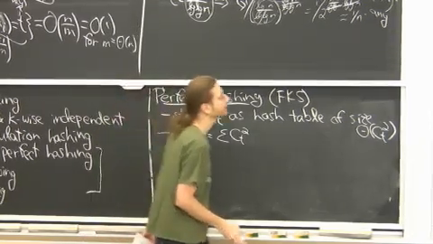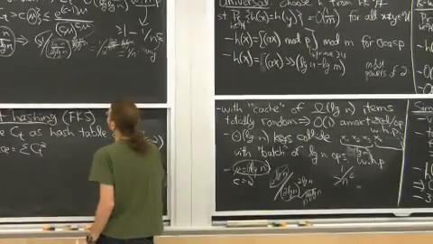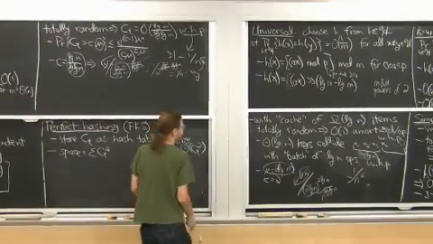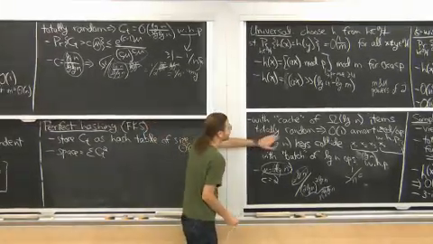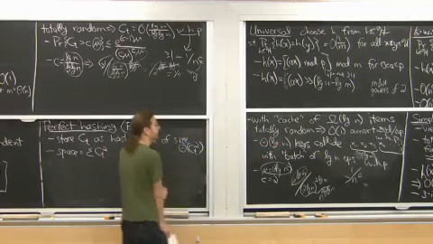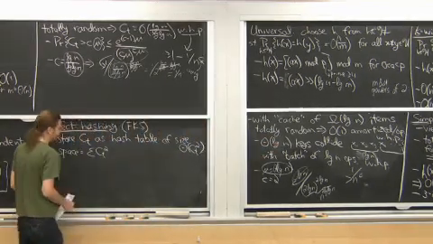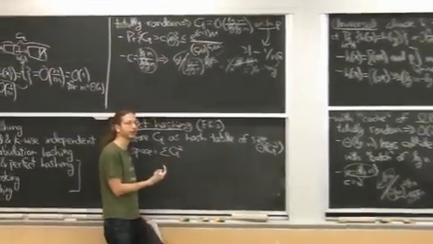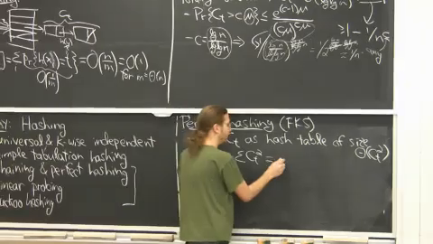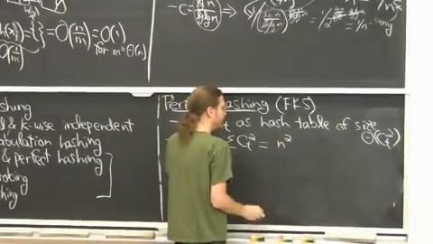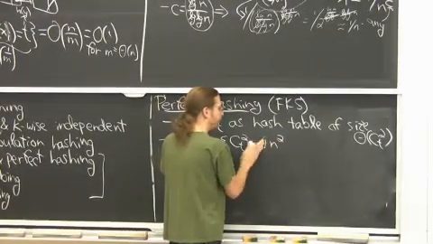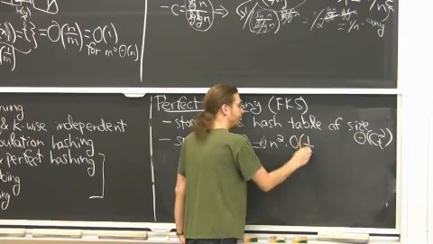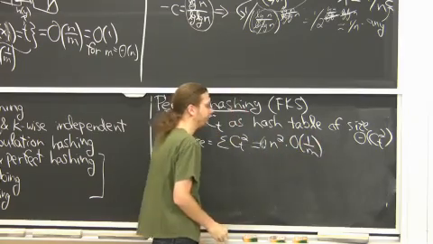And that's something we actually computed already, except I erased it. How convenient of me. It was right here. I can still barely read it. When we computed the variance, we can do it again. It's not really that hard. This is the number of pairs of keys that collide. There's n squared pairs, and each of them has a probability 1 over m of colliding if you have a universal hash function.